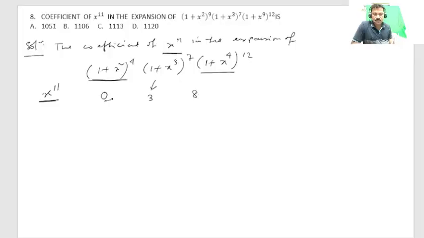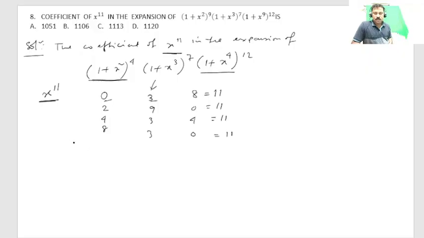So this sum is 11. Again, if we first take 2 and second 9 and third 0, this is also 11. Or 4, 3, 7, that is 4 plus 3 plus 4 equals 11. Or 8, 3, 0, this is also 11.